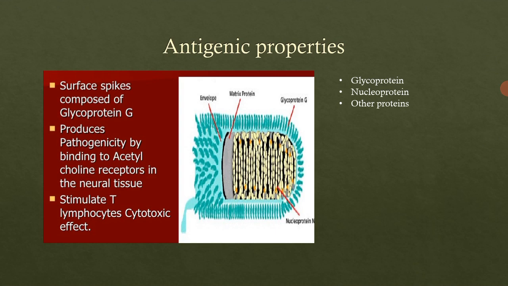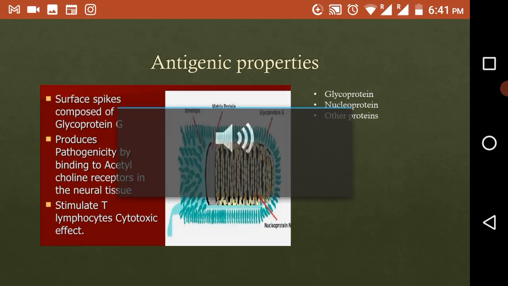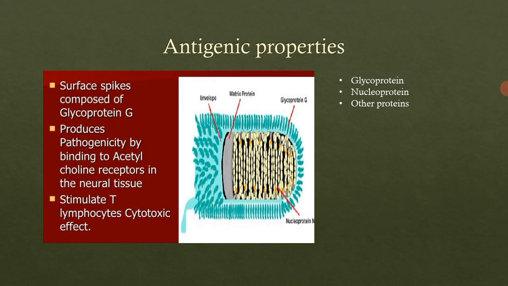Therefore it can be determined using the CFT, complement fixation test. Then the antibodies in this case are not protective antibodies. That means these antibodies will disappear after a certain duration of time, whereas the protective antibodies remain in the host for much longer durations.